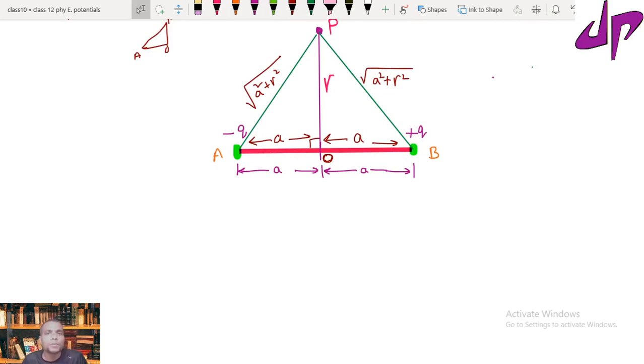That point P is along the equatorial line. The equatorial line is exactly the perpendicular bisector at the middle of the dipole axis.